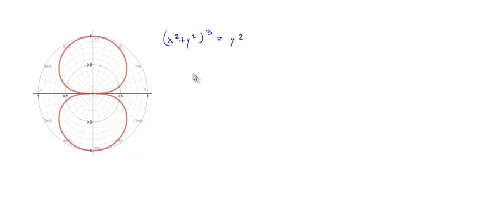Well, what we can do is transform this into polar coordinates. Remember that x squared plus y squared is equal to r squared, so this is r squared cubed, so this is r to the 6, and y squared, where y was r times the sine of theta, is r squared times the sine squared of theta. In other words, r to the 4 equals sine squared of theta.